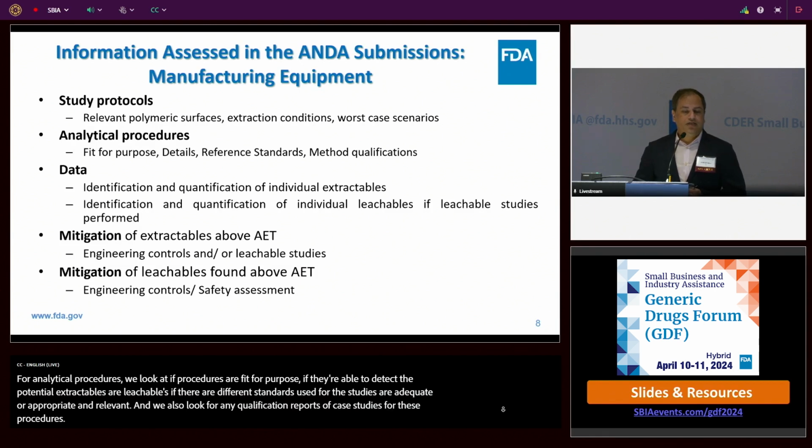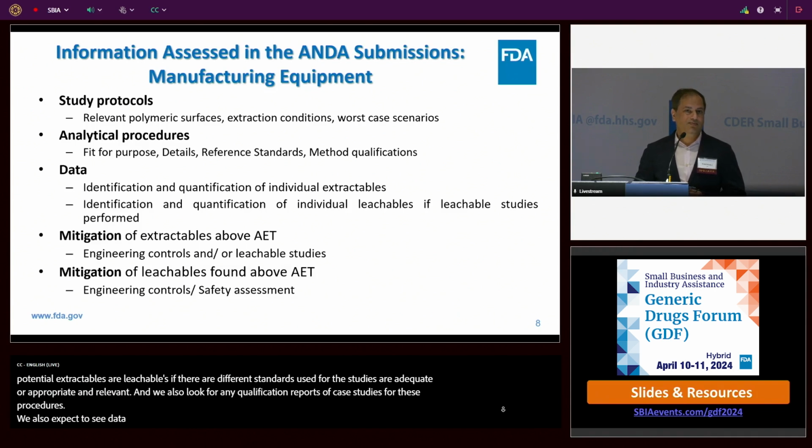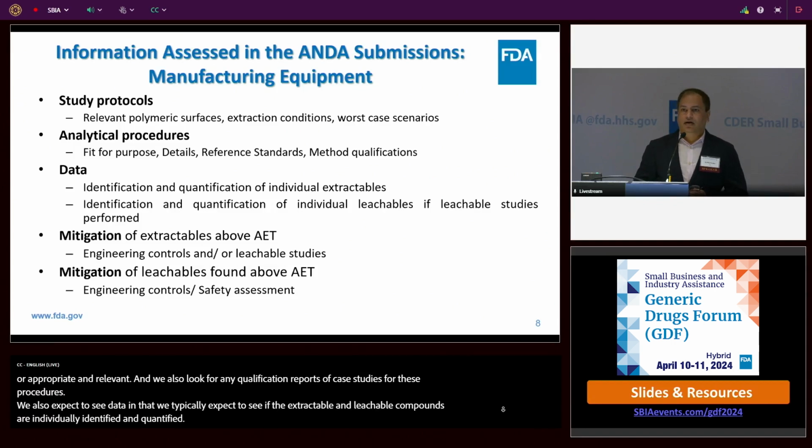We also typically expect to see if the extractable and leachable compounds are individually identified and quantified. And this is the kind of information that we see a lot of applicants do not provide.